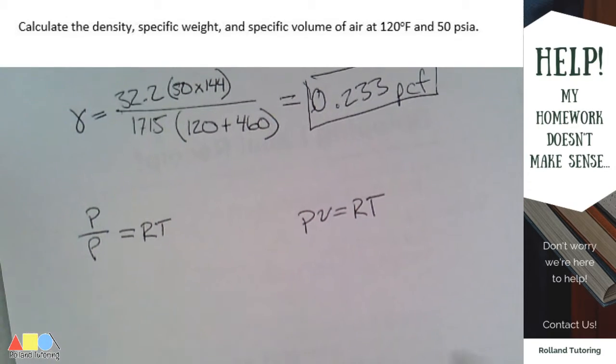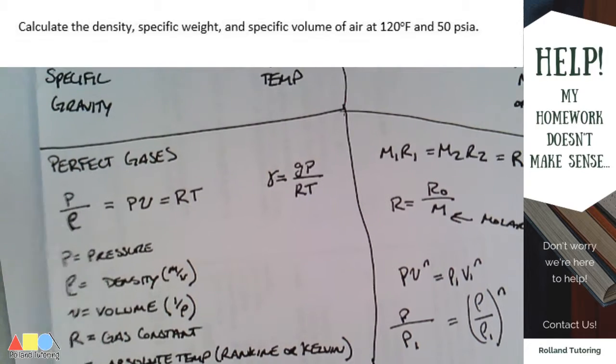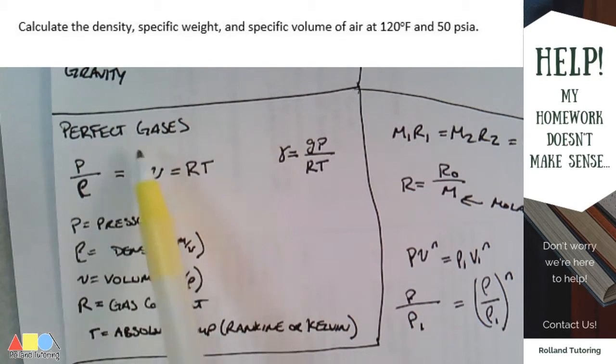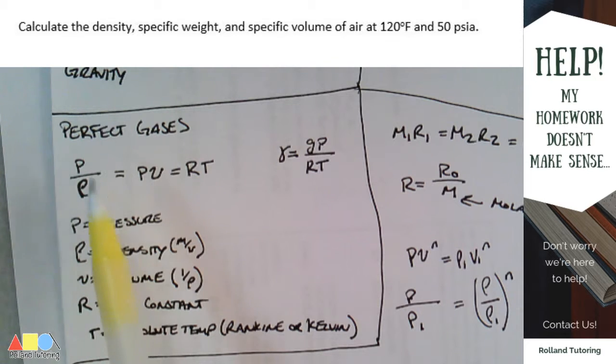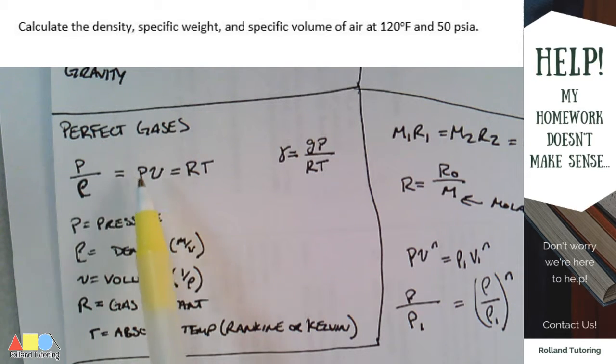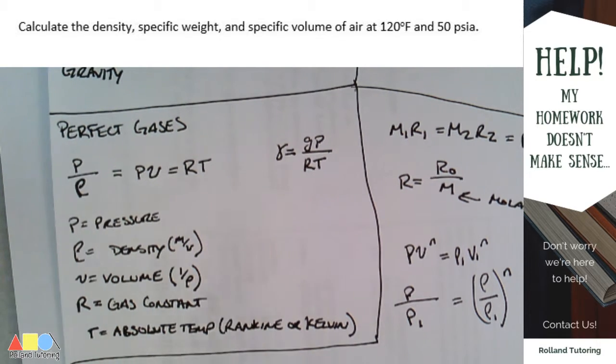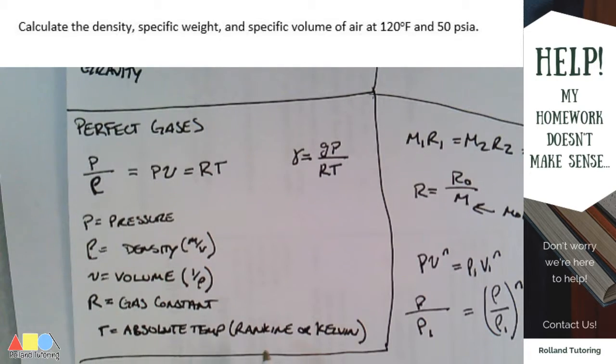And these are all equations. If I pull out our equation sheet again, these are just pulled from the book, our perfect gas laws here. We have pressure, density, pressure, volume, our constant times our temperature. And again, remember your temperature should be Rankine or Kelvin.